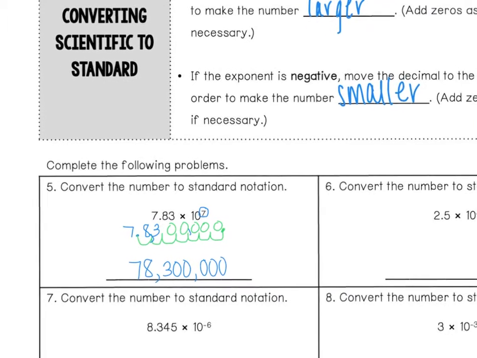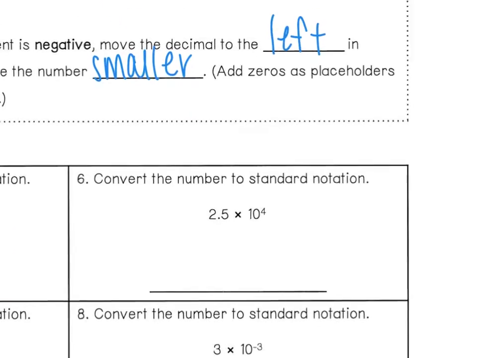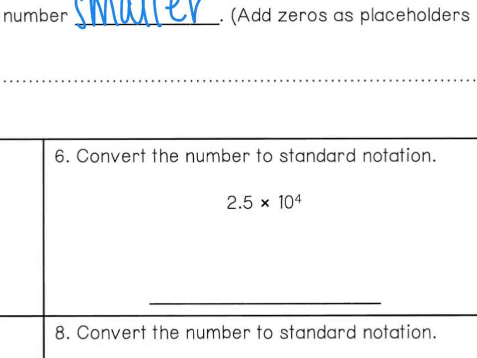Okay, moving on to the next one. We are going to convert 2.5 times 10 to the 4th power to standard notation. So again, I'm going to look at my exponent. It's a positive 4, so positive equals to the right.